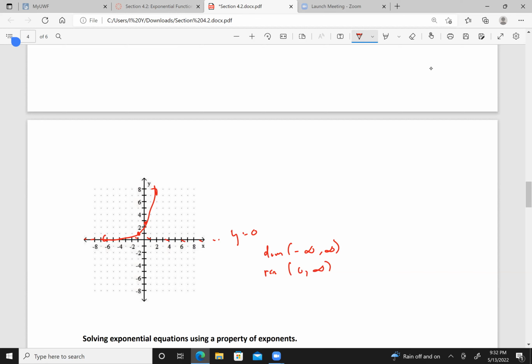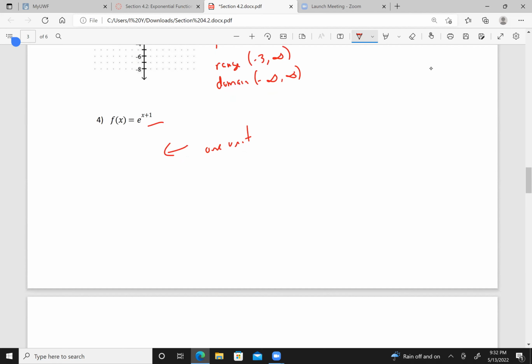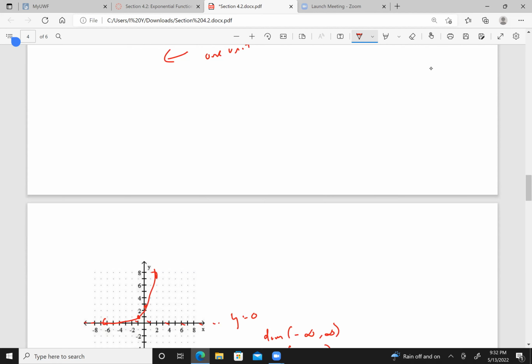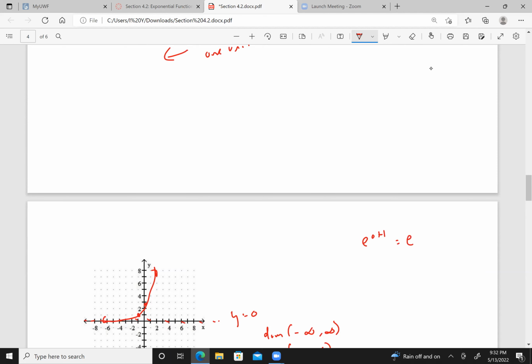Let me write that a little neater. My y-intercept, when x is 0, I get e to the 0 plus 1, which is e.